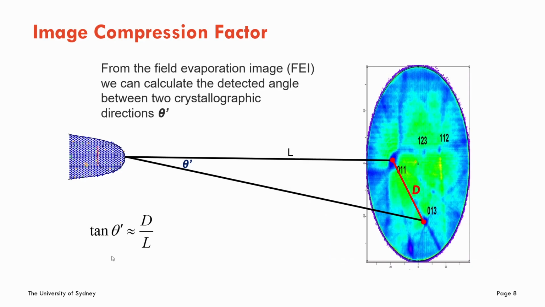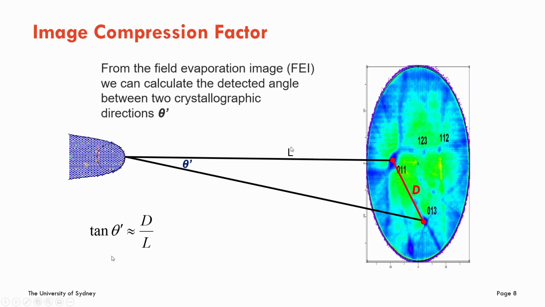And so we can calculate the detected angle between two crystallographic directions. So we usually call that theta prime. And it's kind of like this. If you imagine your tip and you've got your flight path here, and then you think of two poles on your detector, you can work out what this angle is using this equation here.